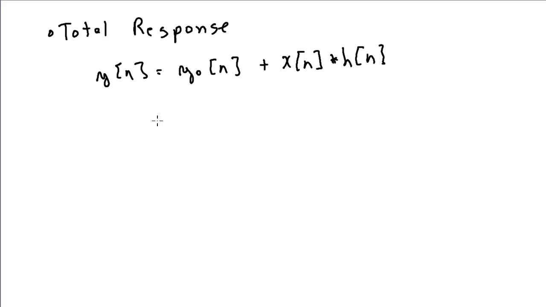So in general, our zero input response consists of a number of modes depending on the order of our difference equation. Here I'll just assume all the modes are discrete and real.